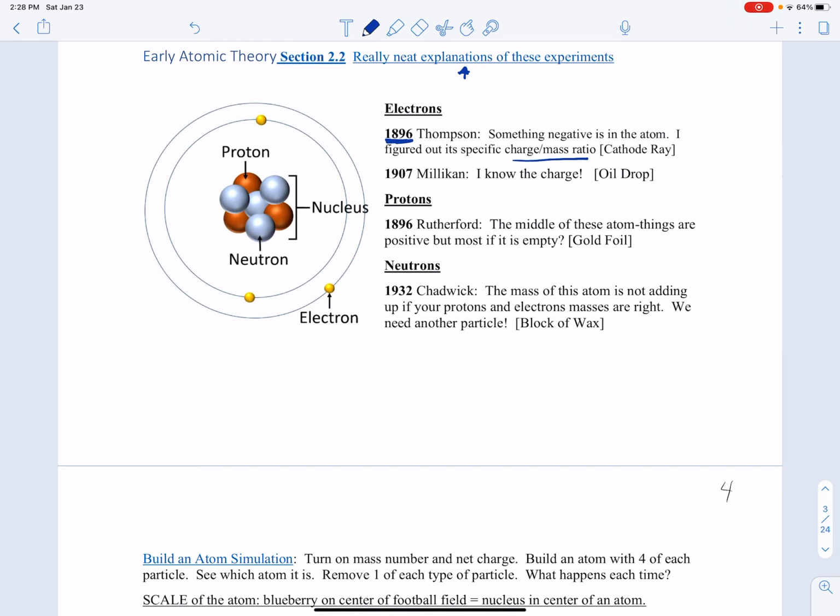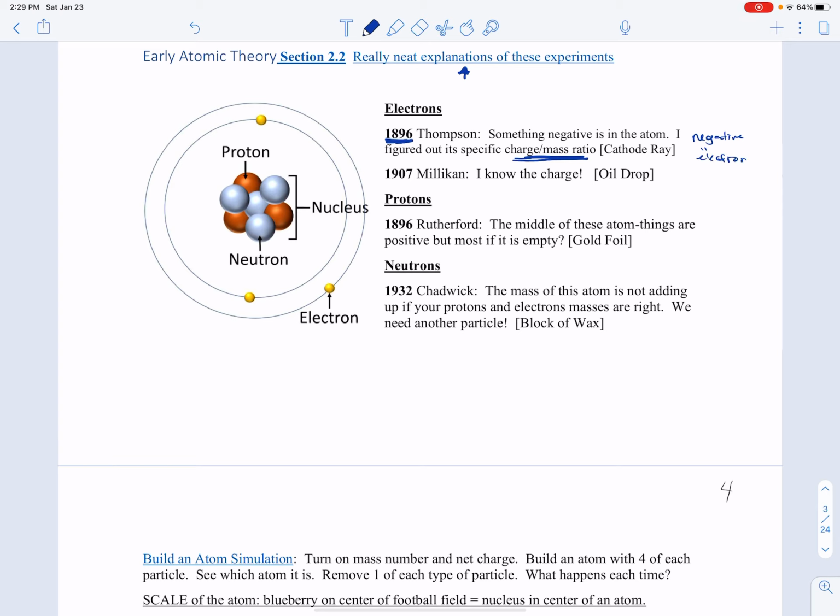He's basically taking something like a magnet and putting it towards these cathode ray tubes that have a very, very small concentration of atoms in them, like tiny. And he's noticing that the rays are going away from the positive pole of the magnet and towards the negative pole, is kind of what he's figuring out. So anyways, he's the guy who figured out, hey, there is something negative, which we will eventually come to call electrons.